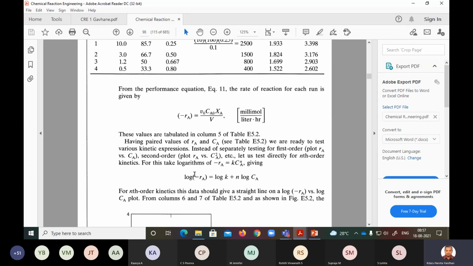So with this on the y-axis and log CA on the x-axis, it will be a straight line not passing through the origin. It will have an intercept and a slope.